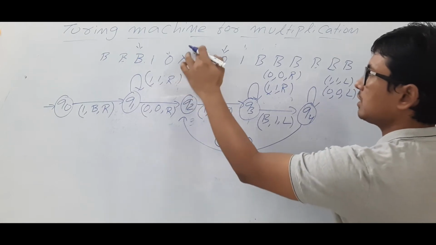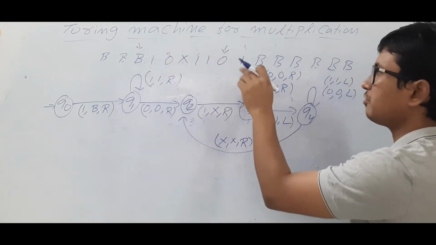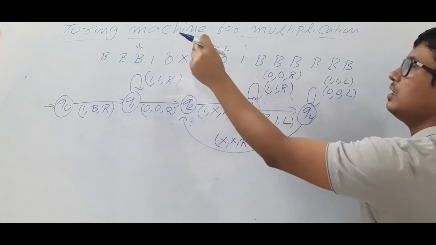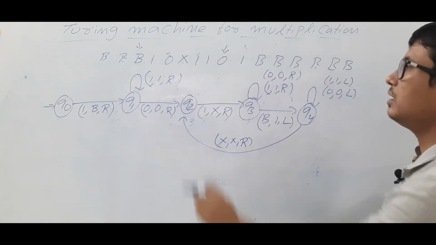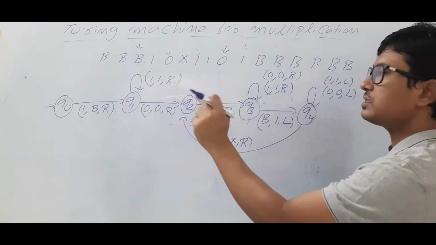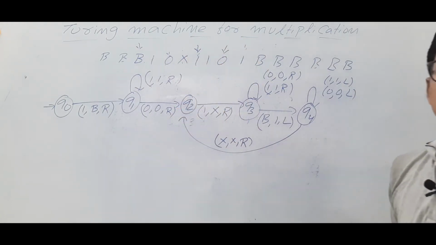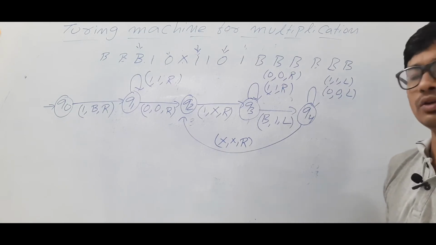Are you able to understand? This x you will reach finally, because all zeros you are shifting and all ones you are shifting. Then this x is there. This x, you make it as x, move to the right. So the tape header is pointing to here and you are in the state Q2 in the Turing machine.